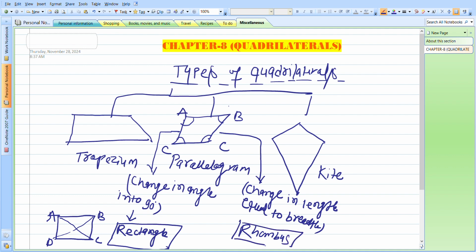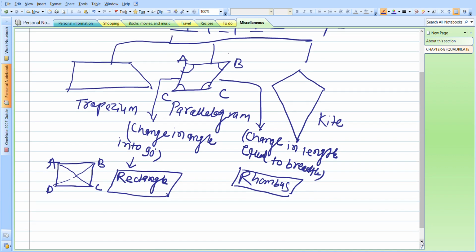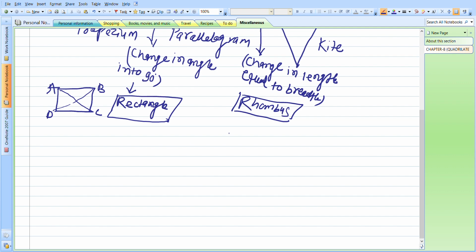So there is a difference between a rectangle and a rhombus. In a rhombus all the sides are equal, like this. It is also a type of parallelogram, but all the sides are equal.